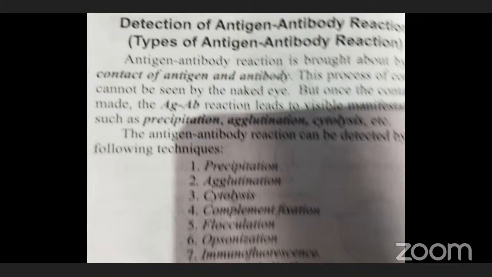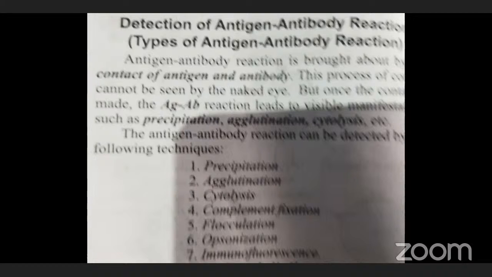So affinity mostly concerns univalent antigens. Univalent means antigens having a single epitope. So affinity occurs in univalent antigens. Avidity means multivalent antigens having many types of antigenic determinants. When injected into the blood, each antigenic determinant stimulates the production of particular antibodies. So automatically those antigens will bind with the antibodies.